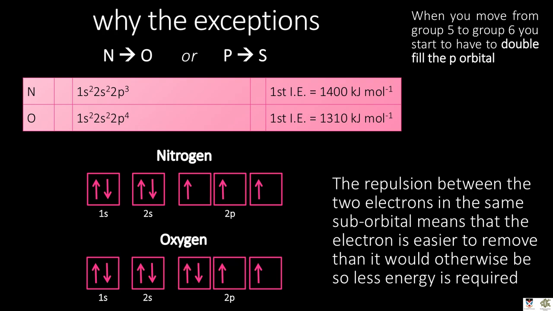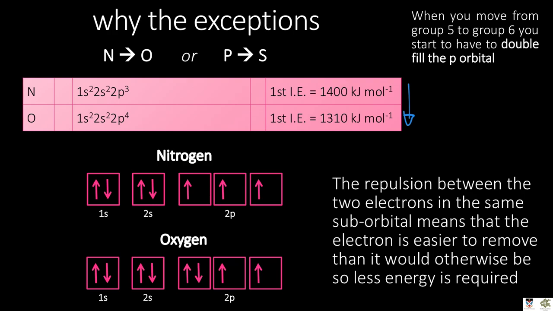And if we consider the ionization energies, the energy needed to remove the outermost electron in nitrogen, so one of these, compared to the outermost electron in oxygen, we can see there is a decrease in the ionization energy, even though there's going to be an increase in the nuclear charge as we go from nitrogen to oxygen. So why is that? It's because of a concept known as electron pair repulsion or spin pair repulsion.